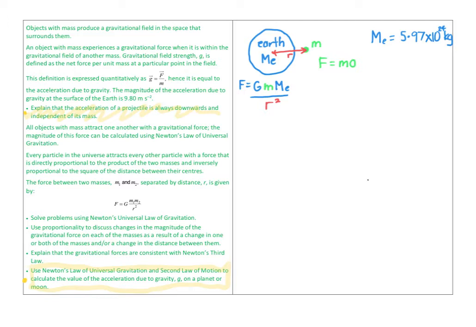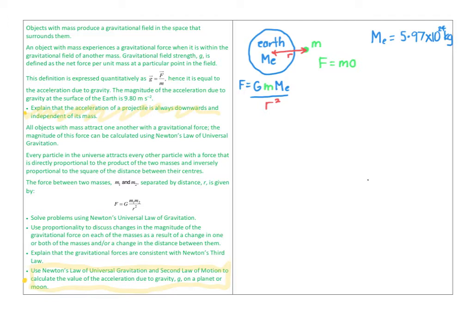And we are going to use here the example of Earth, and we're going to basically show that the acceleration due to gravity, or the gravitational field strength, as I talked about earlier, is 9.80 meters per second squared at the surface of the Earth.